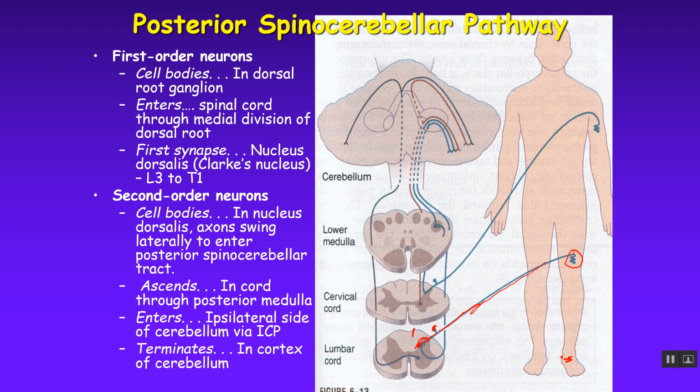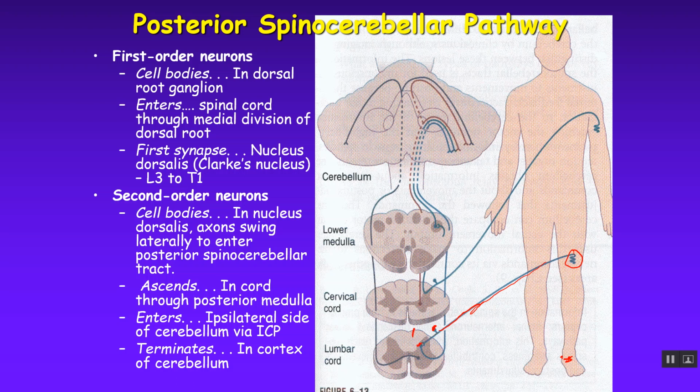If it comes in at L3 up to T1, it'll go right in and synapse with that Clark's nucleus, which is a column of cells throughout that gray matter in the spinal cord that's differentiated and called Clark's nucleus. That's just a specialized region of that dorsal horn. That's where that first synapse is.